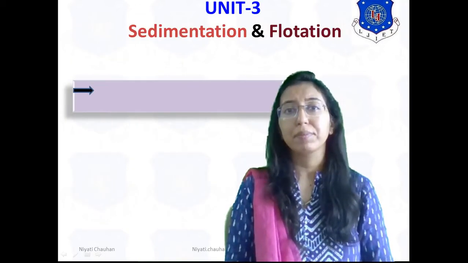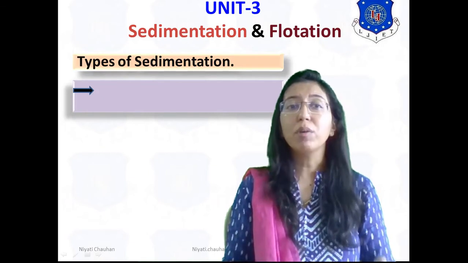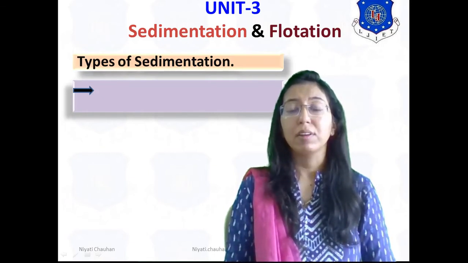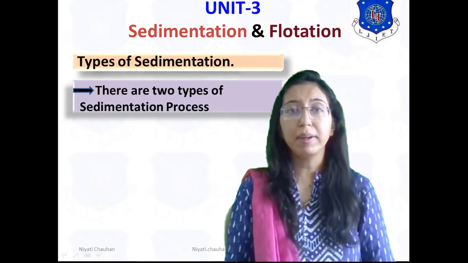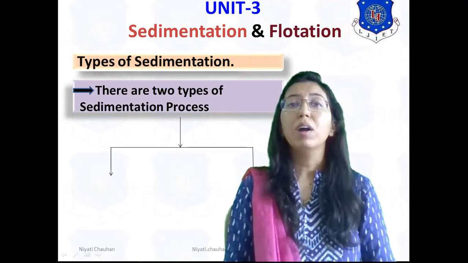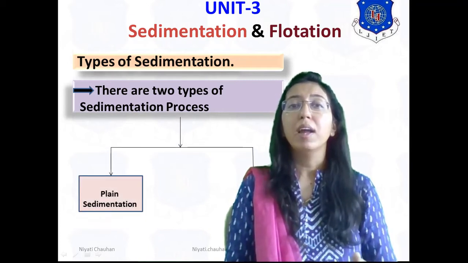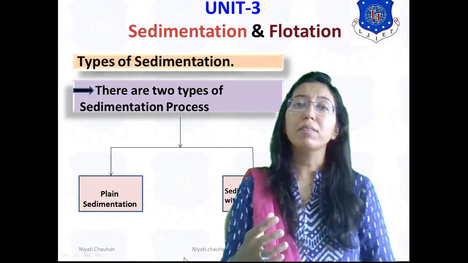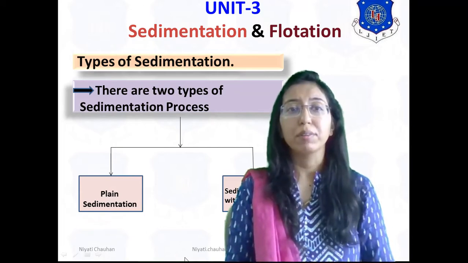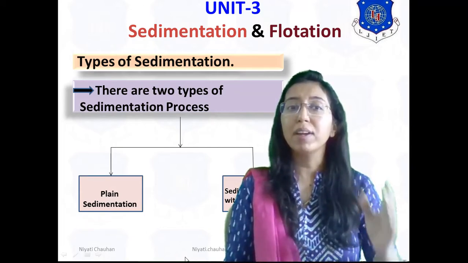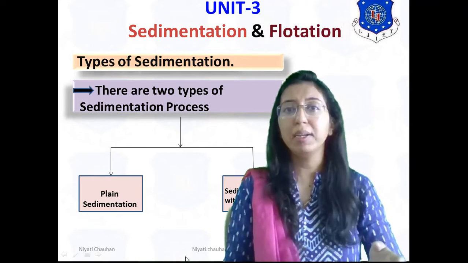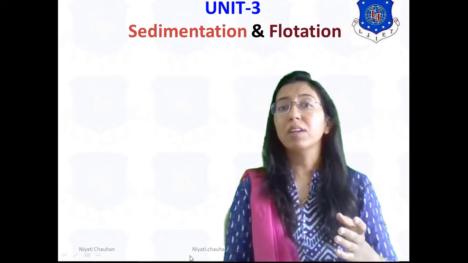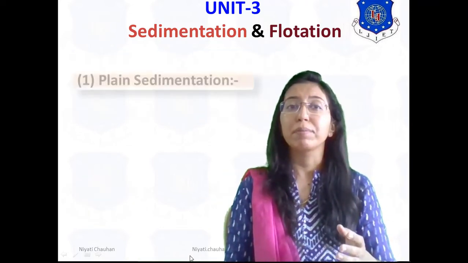We know the types of sedimentation. There are two types: number one, plain sedimentation, and number two, sedimentation with coagulation. In the last lecture, we discussed plain sedimentation and sedimentation with coagulation.